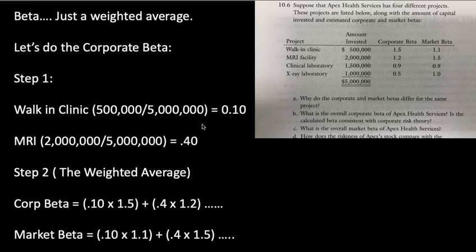In this case, we're talking about a corporate beta. So it's these various projects. Looking here, we've got a walk-in clinic, MRI facility, whatever. How are those performing in comparison to the overall company, the corporation?